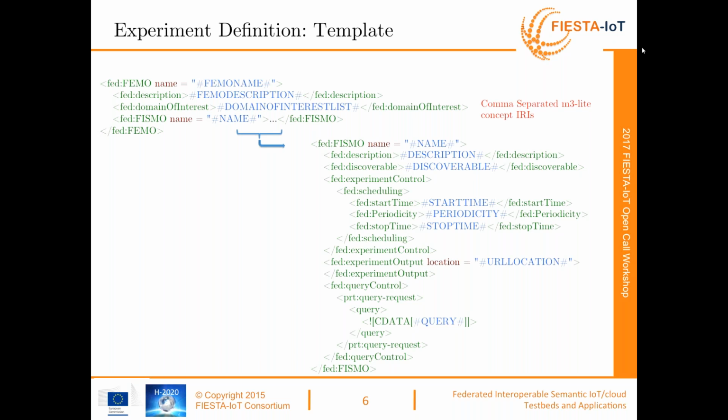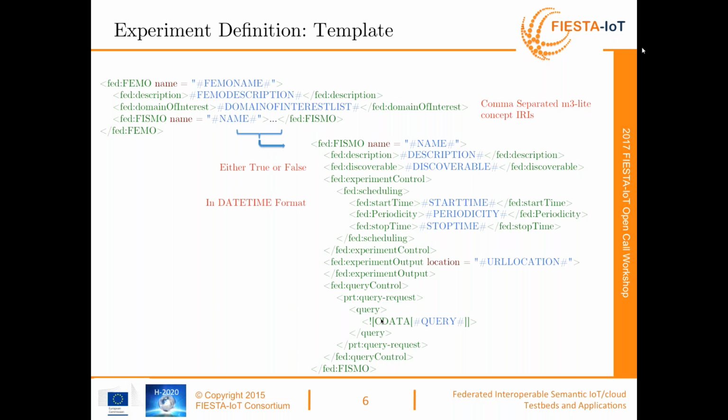Then a FISMO is basically an object that defines certain attributes, like whether the FISMO is discoverable, the scheduling part, the location where the data has to be sent, and the query that has to be executed on the system, on the IoT registry.